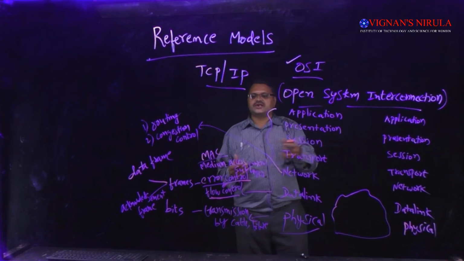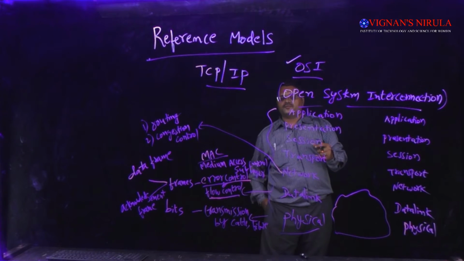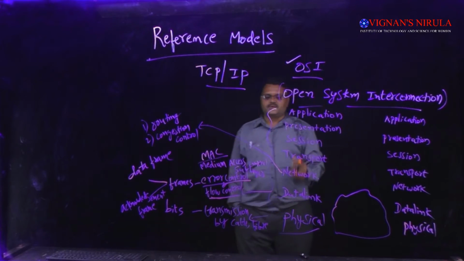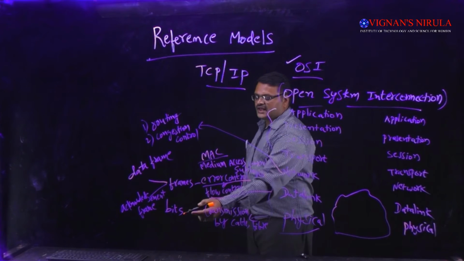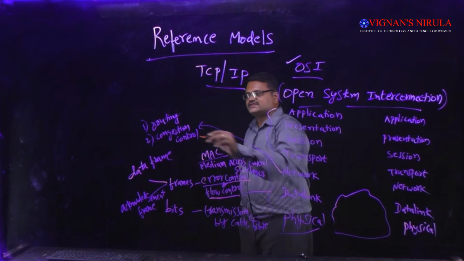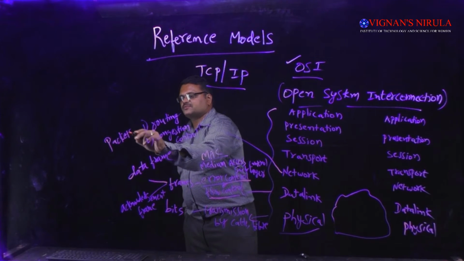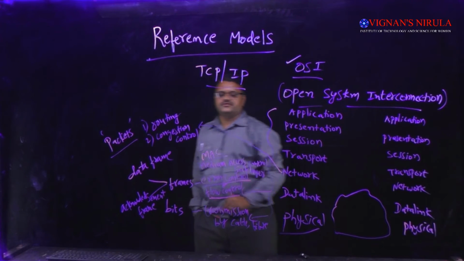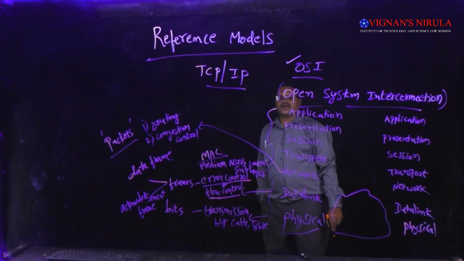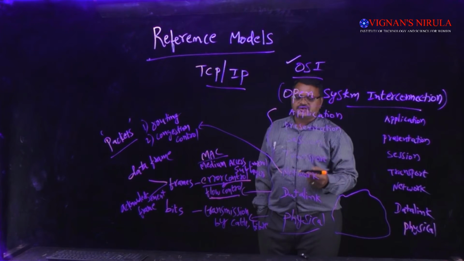Through transmission lines, the packet will move from the source to the destination. And remember, in the physical layer it is bits, in the data link layer it is frames, and in the network layer it is packets. The term packets is what we use in the network layer.